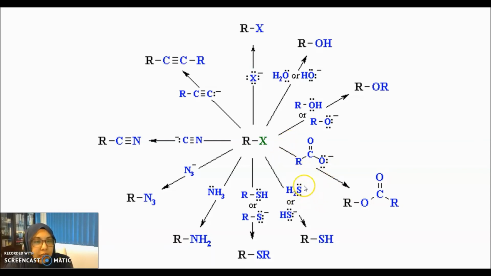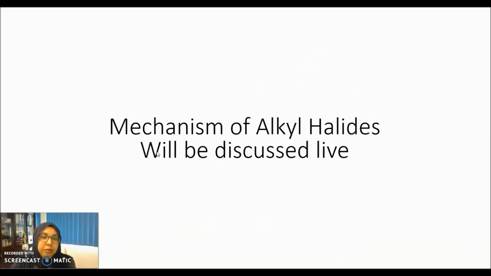A very good example is reacting it with C triple bond N, which gives a cyanide. Now, further examples and mechanisms of alkyl halide will be discussed in the live class. Thank you all.